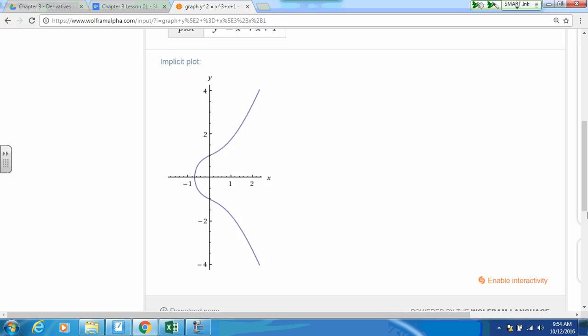And it's not surprising that the top one is y equals the square root of x cubed plus x plus 1, and the bottom one is y equals negative the square root of x cubed plus x plus 1. And now what we're interested in doing is finding points of vertical tangency or horizontal tangency.